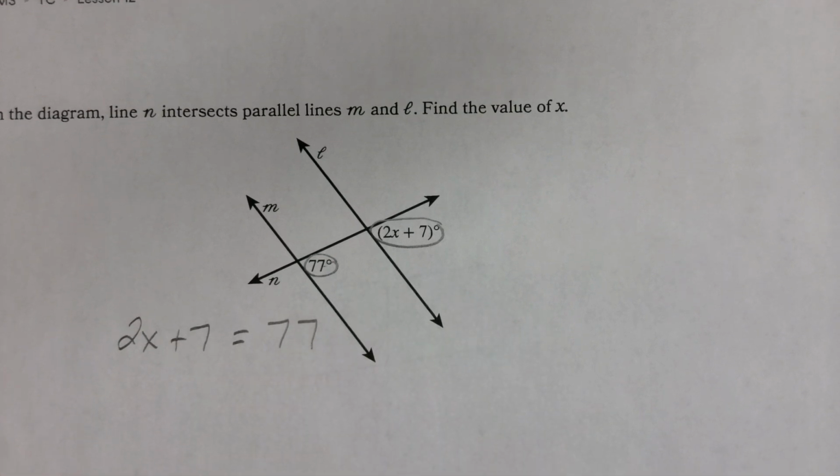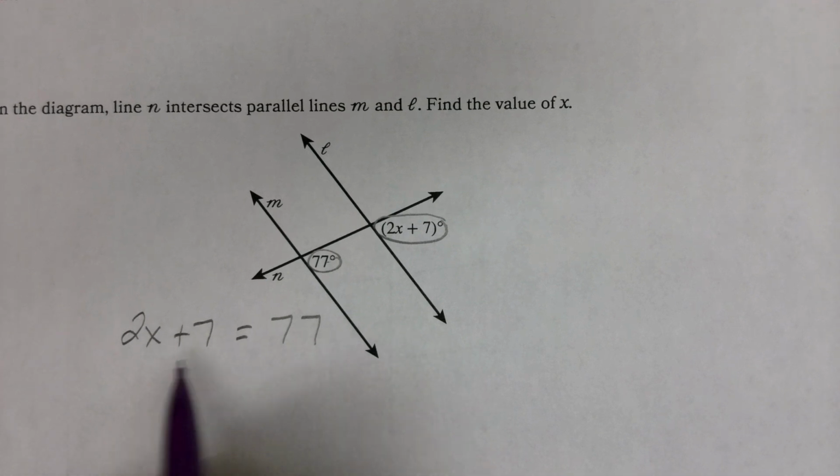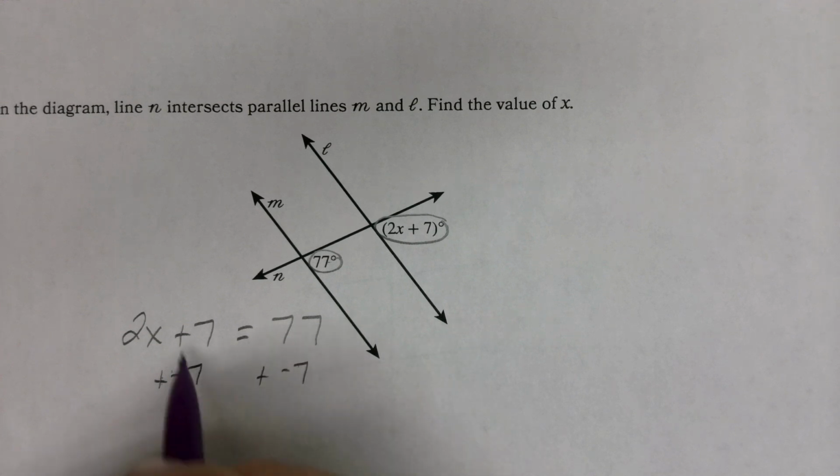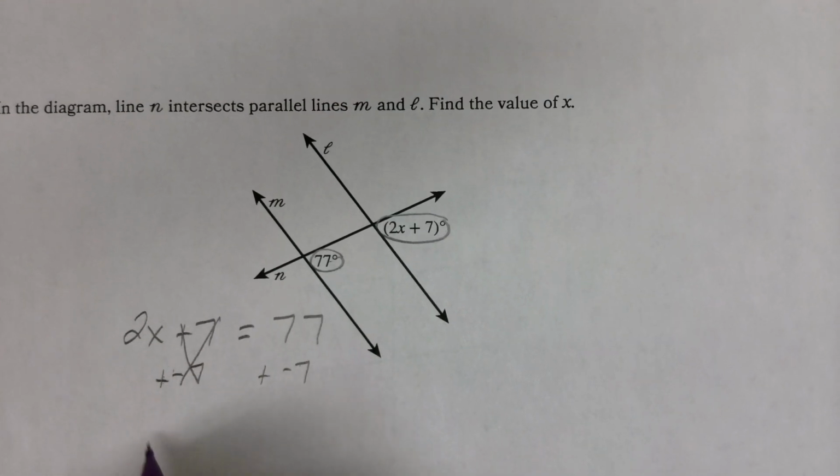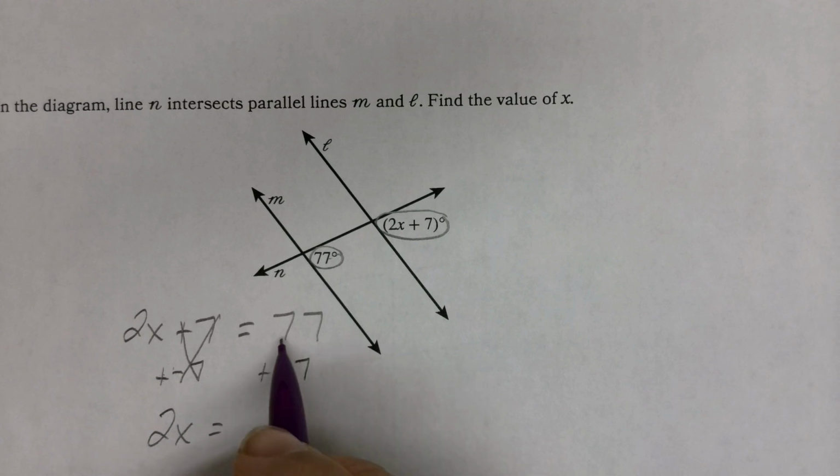And from here, it's using your steps to solve a two-step equation, or any equation. Add the opposite. Make a zero pair. 77 plus negative 7 is 70.